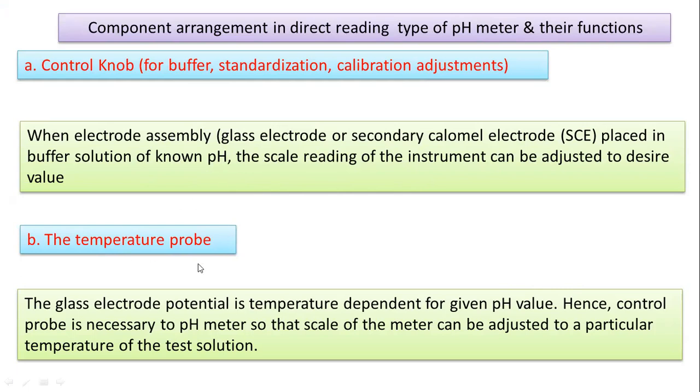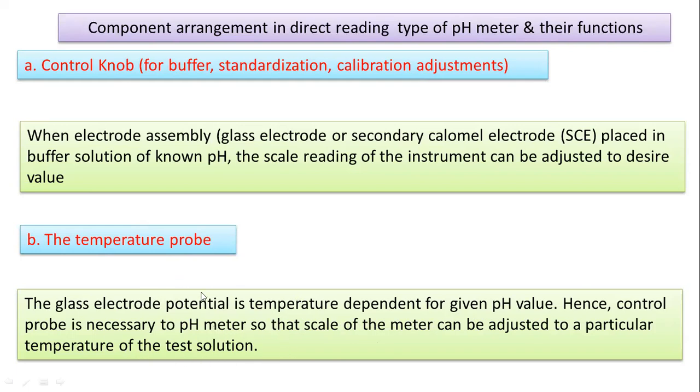The second one is a temperature probe, which is associated with the direct reading type of pH meter. The glass electrode potential is temperature dependent for a given pH value. So we know that the glass electrode is sensitive to temperature. Hence, temperature control is necessary so that the scale of the pH meter can be adjusted to the particular temperature of the test solution.